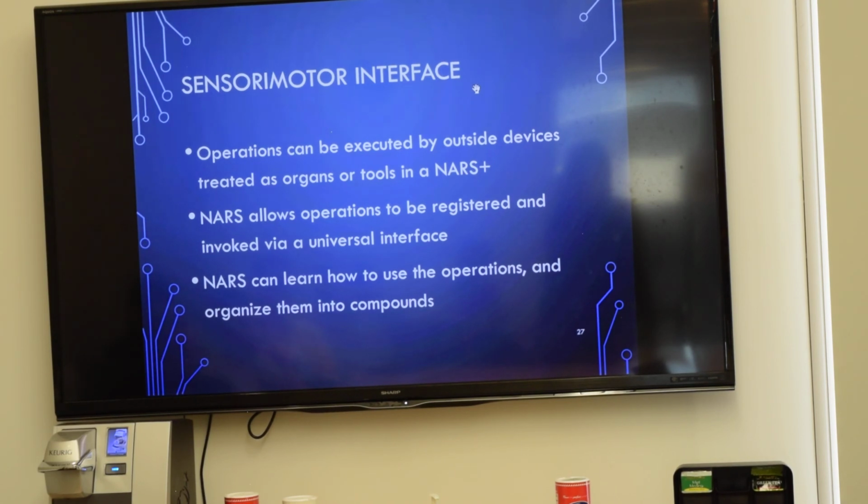So this interface allows a robot device to tell me, I have 5 operations, and you just remember them as A, B, C, D, E. Then you try them, you will see what happens, and you will learn in what situation you're going to use each. That's the general attitude.